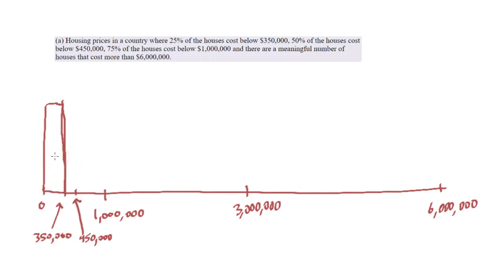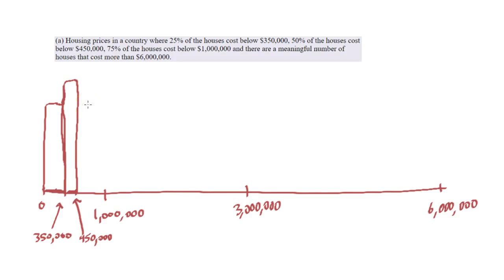So that leaves 25% in between here and here. Actually, that's going to give you a bigger bar, because we have a smaller interval between here and here. So even though both of these represent 25%, the width makes a difference. It's a skinnier width, so we need a taller bar to represent 25%.